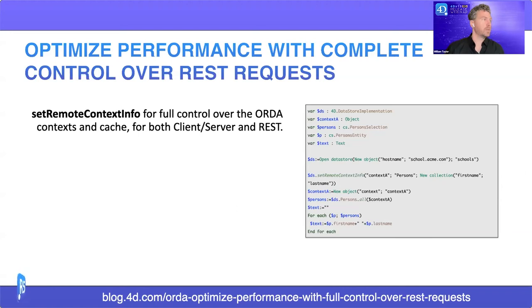For example, instead of getting all person's attributes all the time, you can clearly specify that you only want the first name and last name. This is a major way to increase performance by fine-tuning your requests.